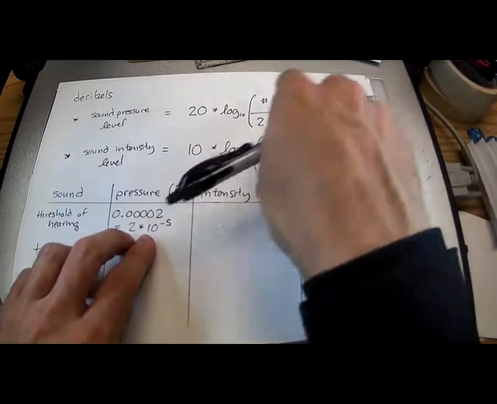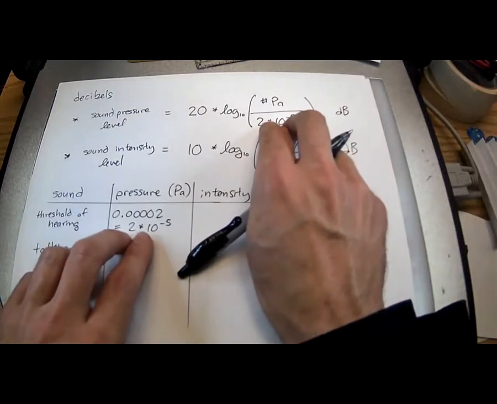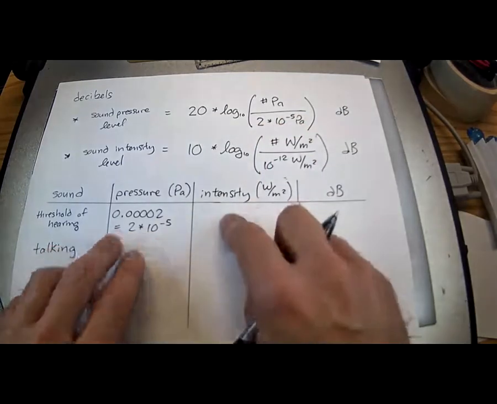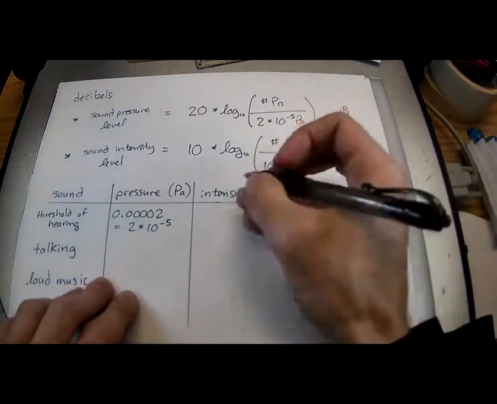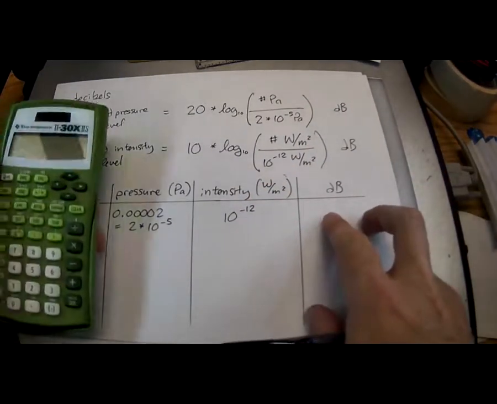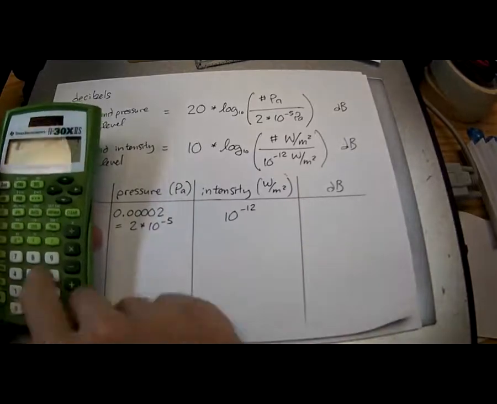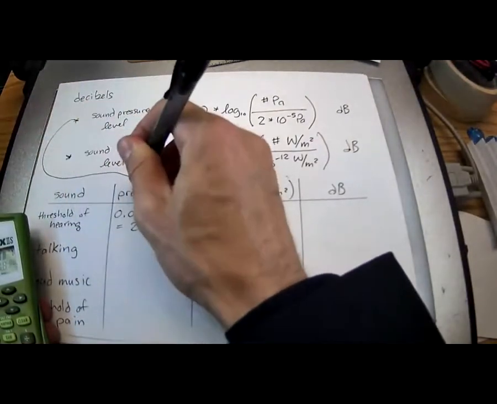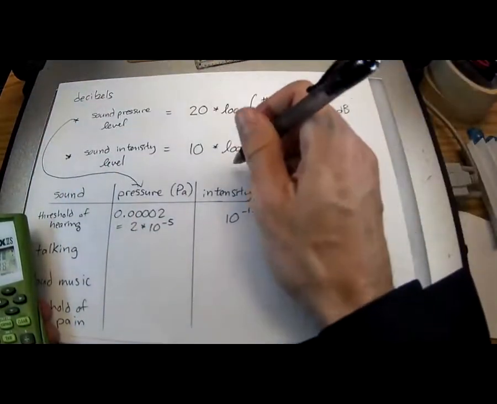Now, of course, this is just an equation people made up, but this is geared towards human hearing, isn't it? This is like the base value. The intensity that corresponds to it is 10 to the negative 12 watts per square meter. All right, let's run some calculations and see how many decibels that is. I hope you guys caught on to this: the first equation applies to this column, and the second equation applies to this column.